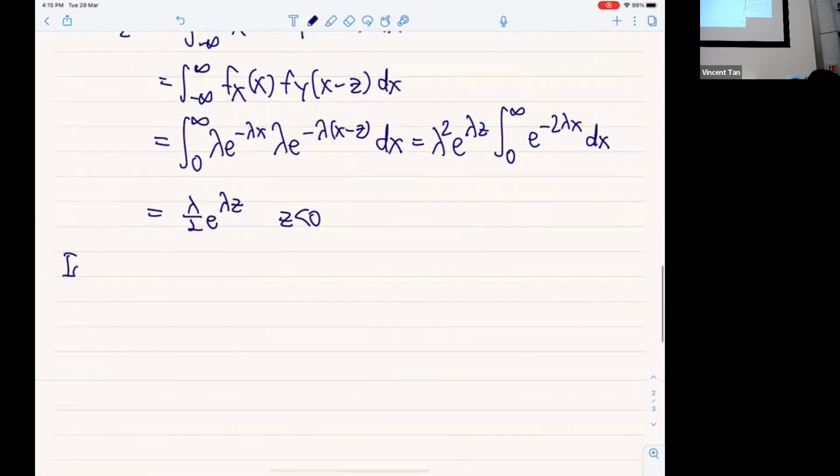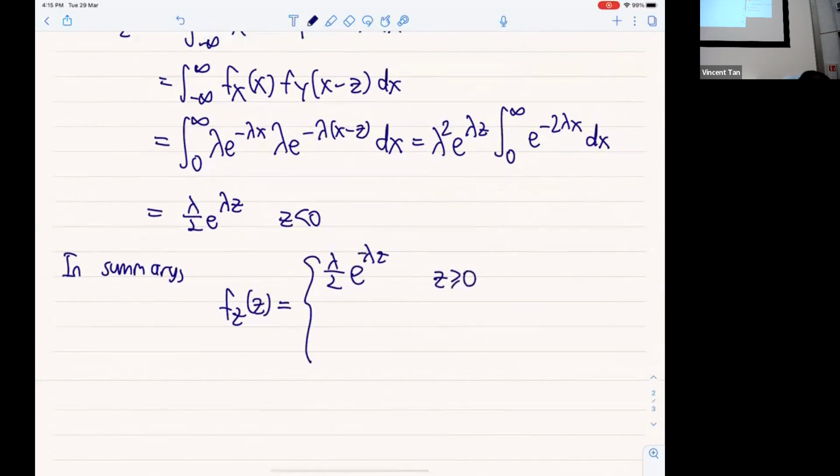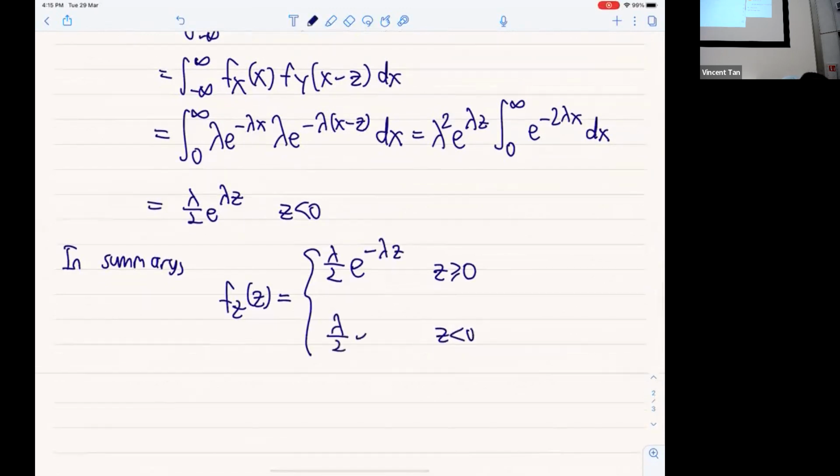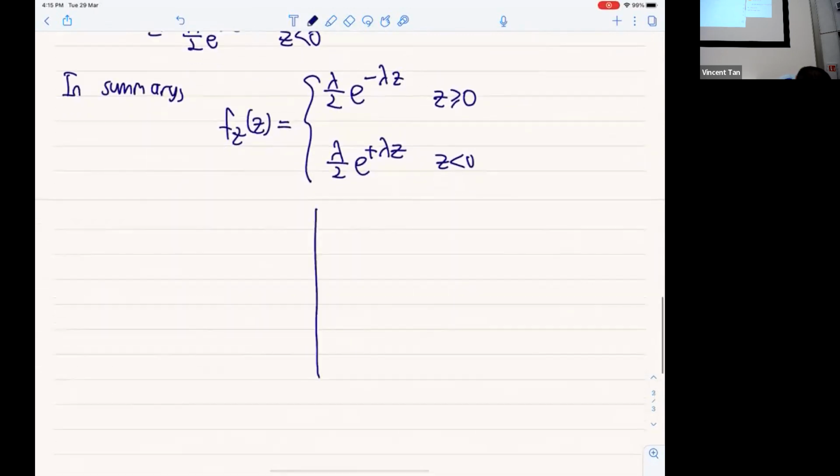So in summary, the convolution is the following: lambda over 2 e to the minus lambda z for z bigger than 0, and for z less than 0 we have something symmetric, but with plus lambda z. This looks like the following beautiful shape.